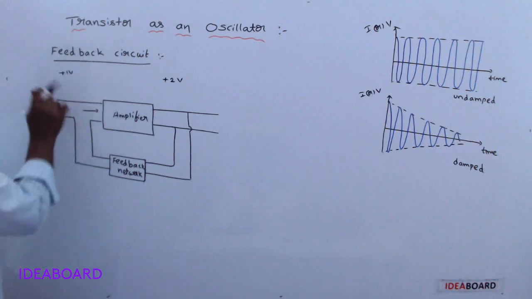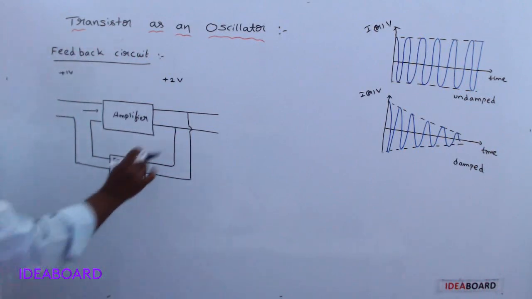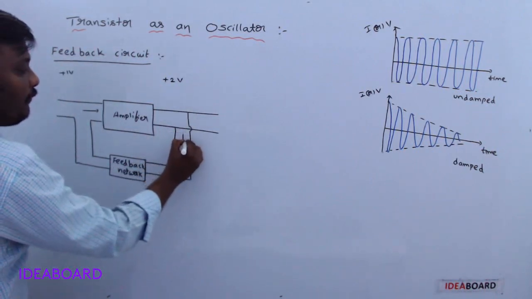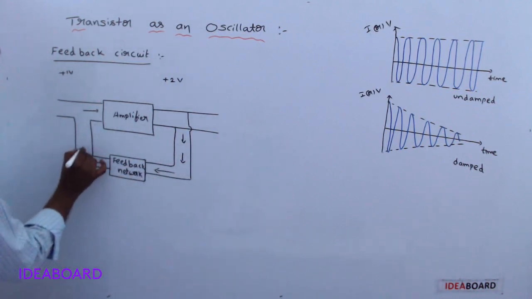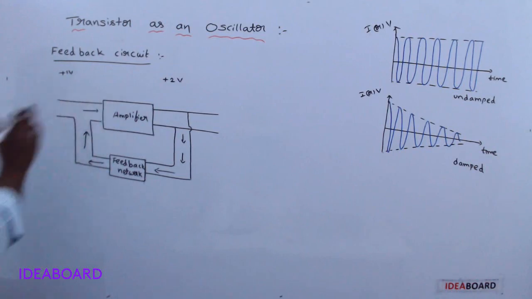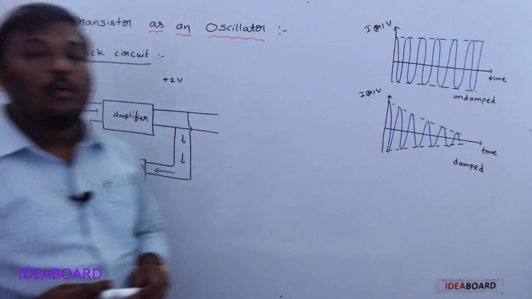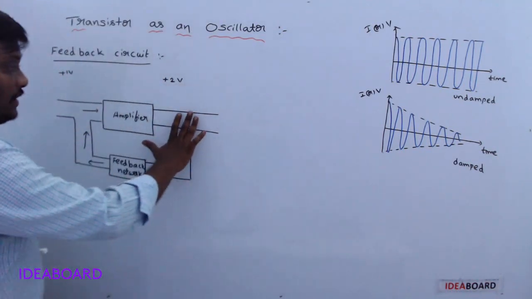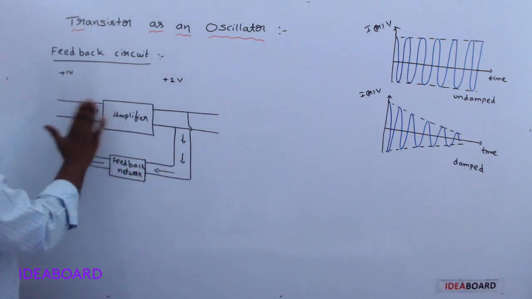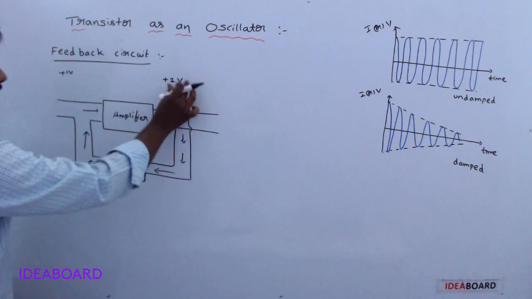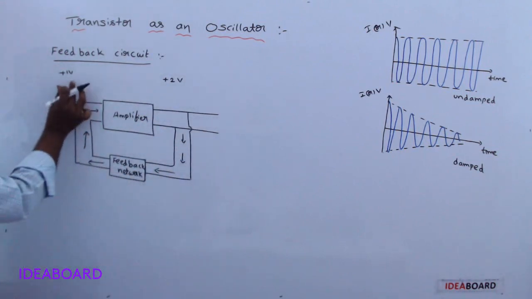What is feedback? Feedback indicates that some fraction of the output is fed back to the input. That means now this 2 volt will be fed back to the input.